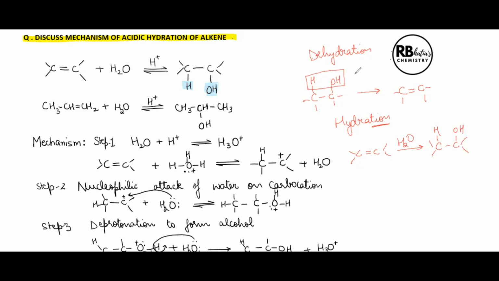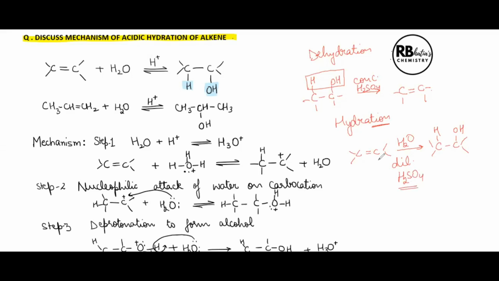So please remember, for dehydration you need to remove water, so you need to use concentrated sulfuric acid, which is a dehydrating agent. For hydration, you need to add water, so you will use dilute sulfuric acid here.